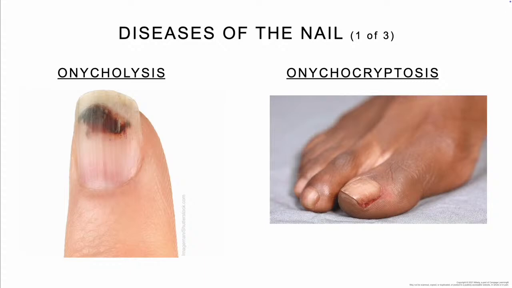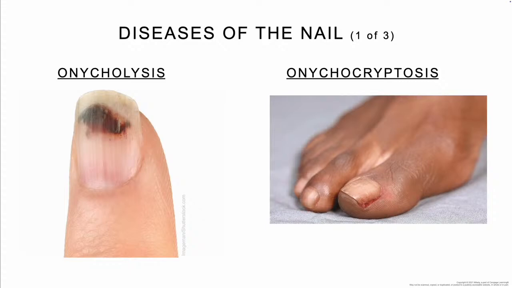All right, the next one. It's the longest, and it's the simplest one. Onychocryptosis. First of all, bless you. When you see onycho in front of any of these, you know it's directly related to the nail. It's a disorder of the nail, okay? Onychocryptosis is literally an ingrown toenail.